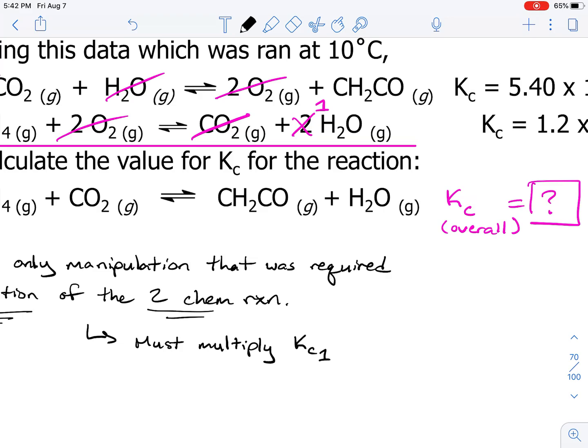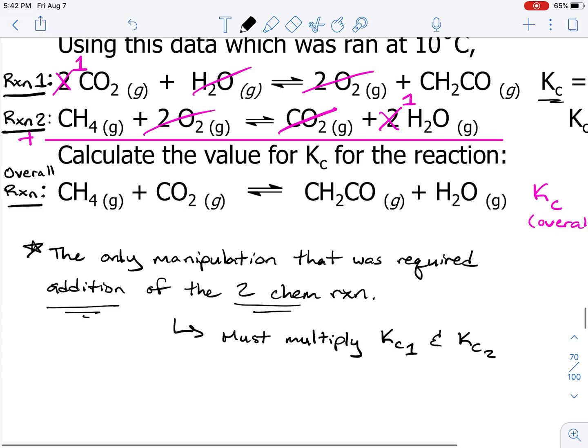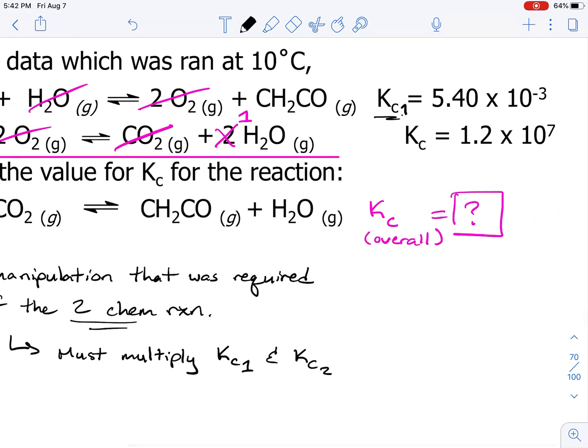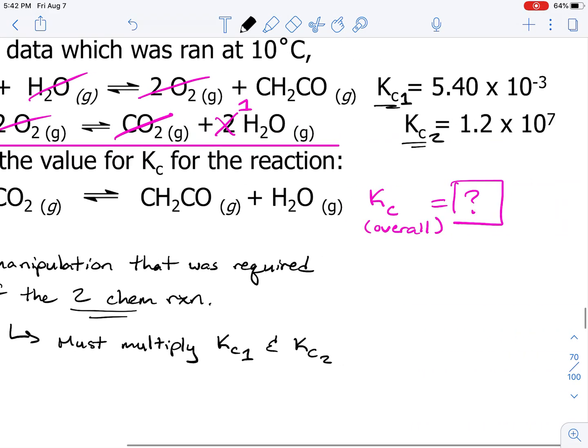KC1 and KC2. Okay, and so this equilibrium constant refers to the first reaction. So I'm going to say that this is KC1. And then this equilibrium constant refers to the second reaction, that's KC2.